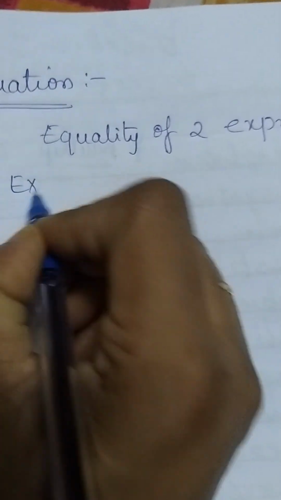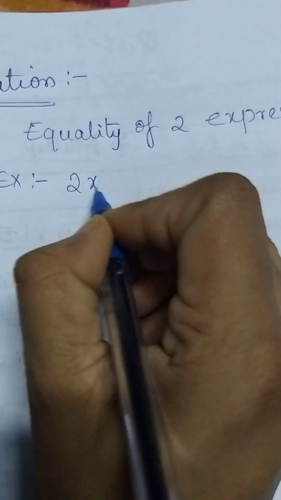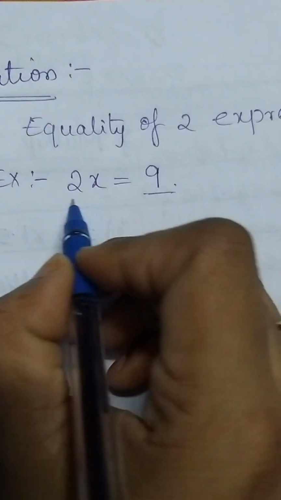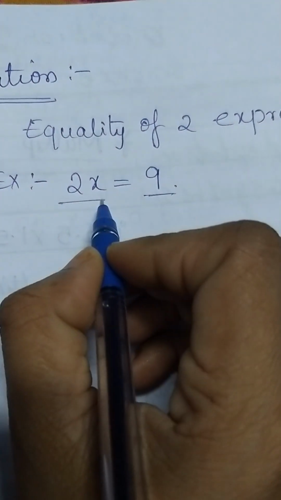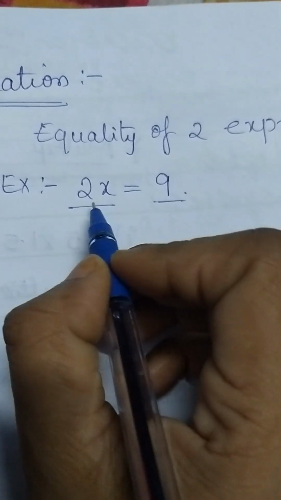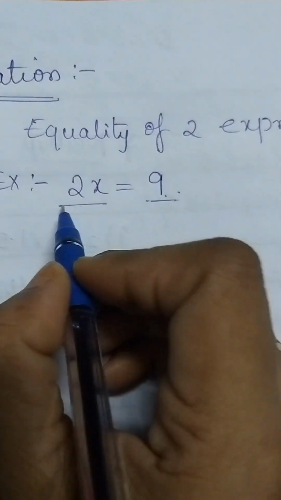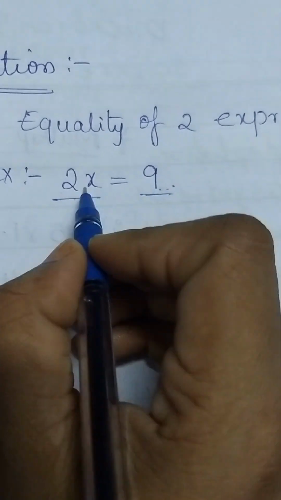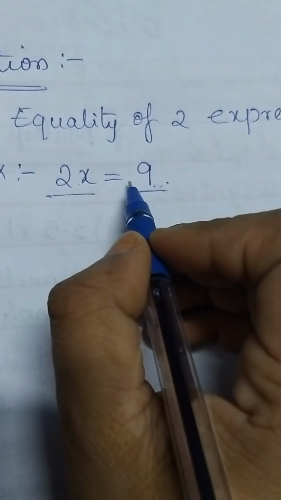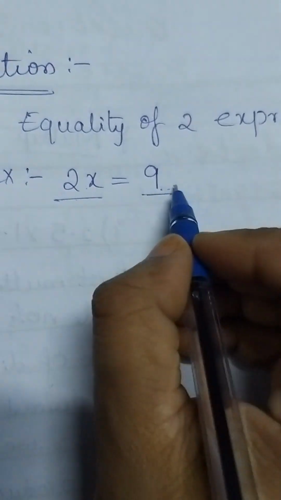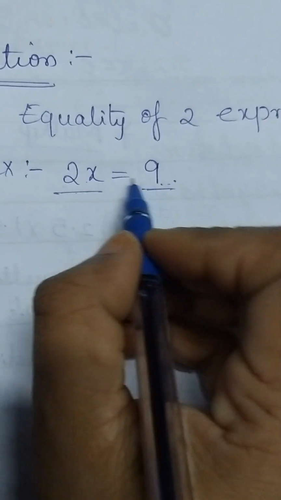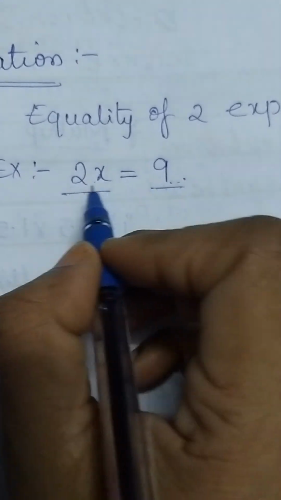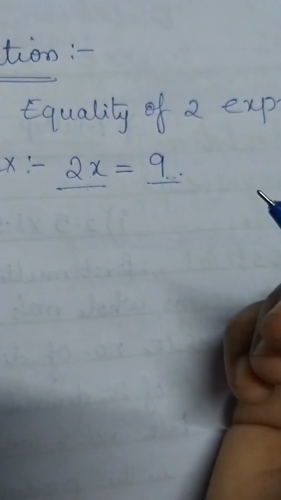For example, 2x is equal to 9. This is a term, a constant term. This is also one term, children. Okay, this is one term and this is one term. When we write two expressions equal, with an equal to symbol between them, then this is called an equation, children.